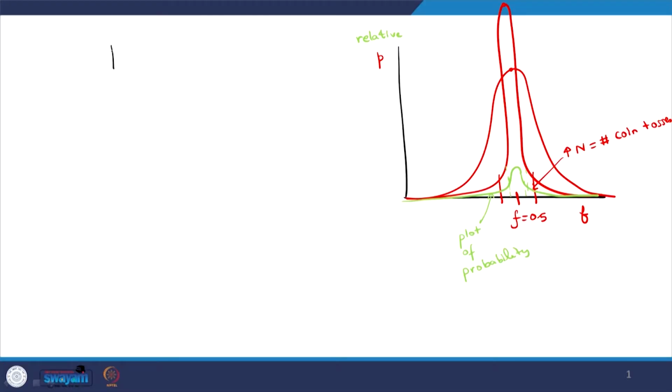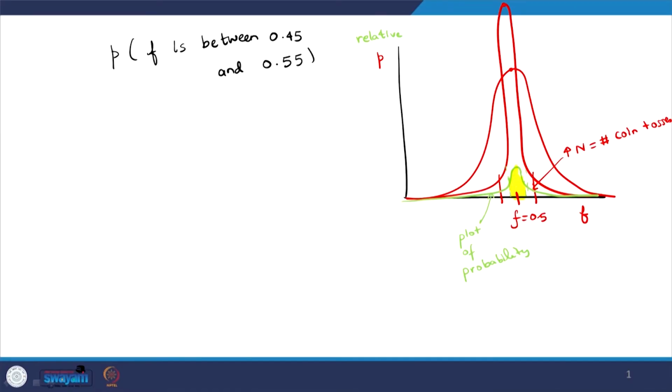If I rephrase the question and I ask what is the probability that my f is between 0.45 and 0.55, that probability is going to increase as I increase the number of tosses. The reason being that the distribution has narrowed, right.